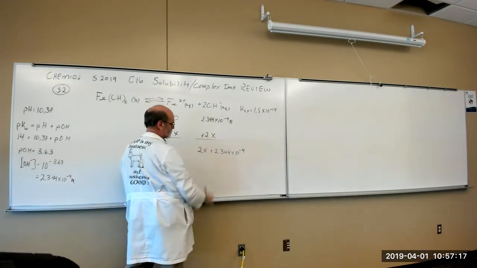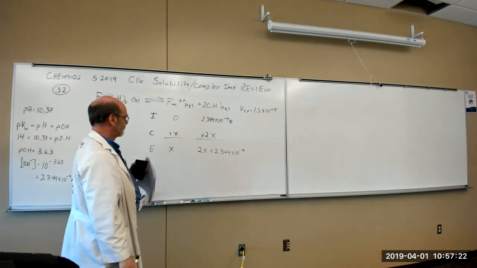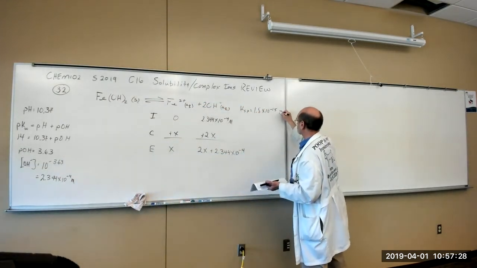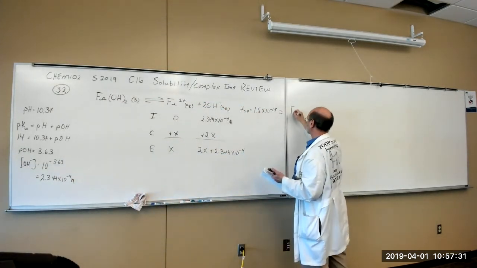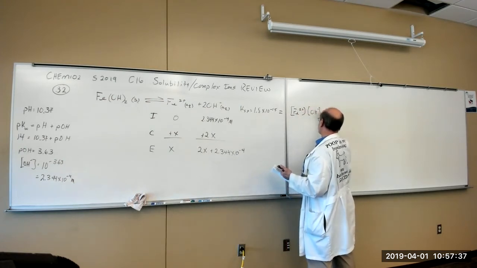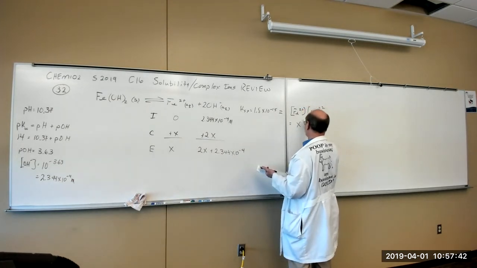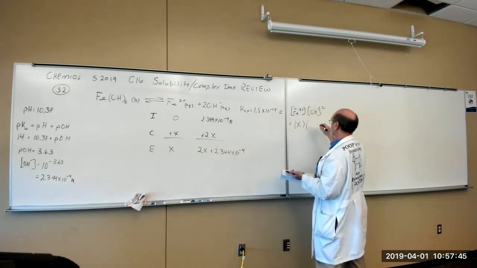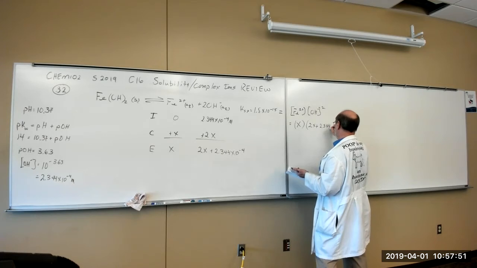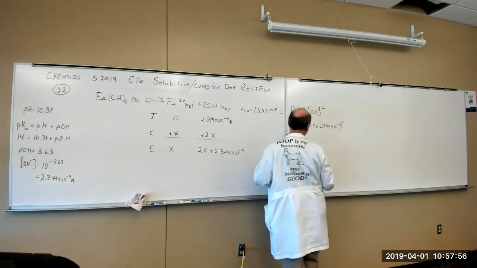So it's S and 2S. We want to find out what X is. We need this one and this one squared, which is equal to X. And this one is 2X plus 2.344 times 10 to the minus 4 squared.